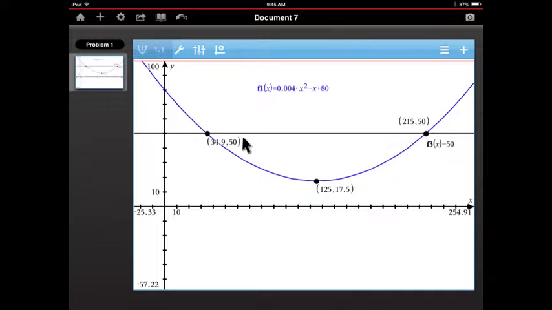So that's this line right here that passes through the point where y equals 50, the height is 50, and we can see that there's between x equals 0 and x equals 34.9. I'm going to round that off to 35 feet, by the way. And over here, similarly, at 215 feet from the left up to the right-hand tower, which is 250 feet.